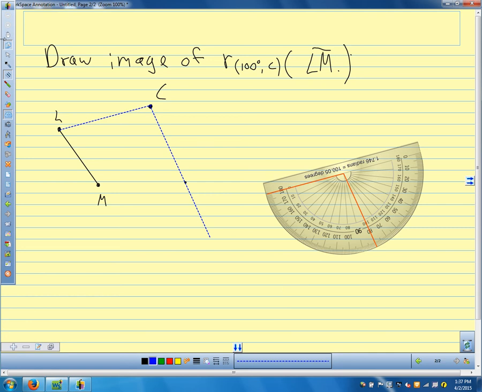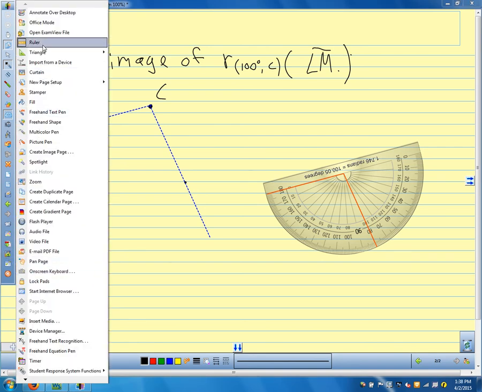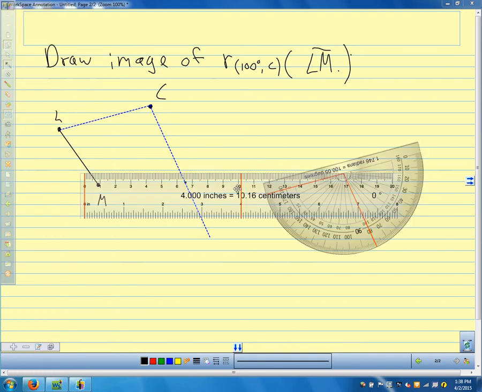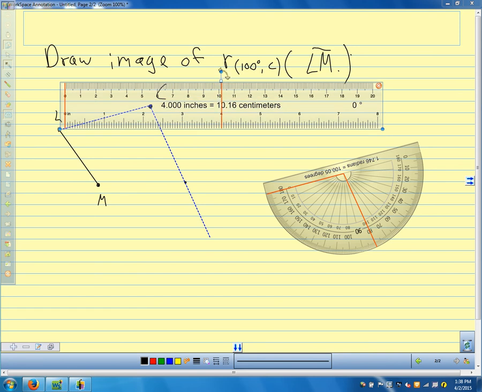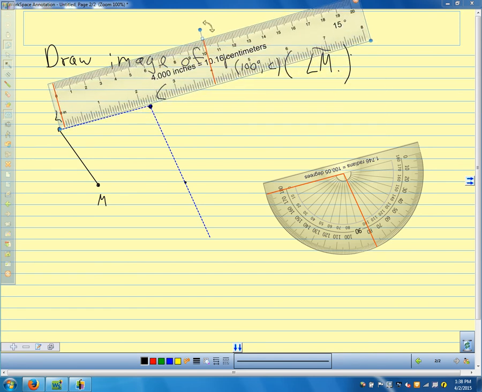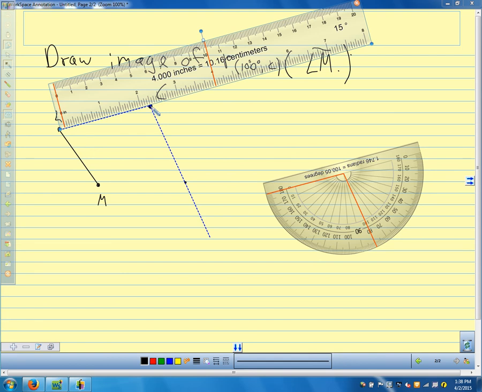And my new point has to be the same distance from C as L. So I'm going to grab my ruler to do that. There's my ruler. And I'm going to measure the distance from L to C. Looks like it's about 2.5 inches.